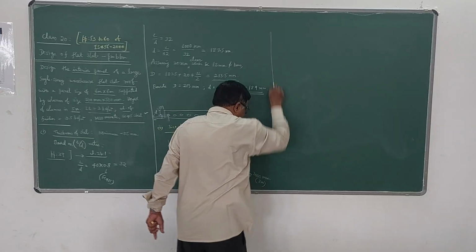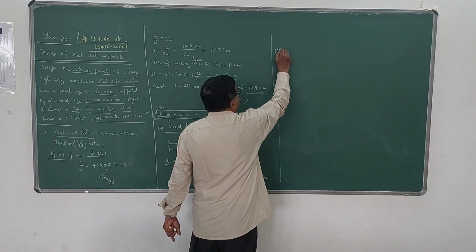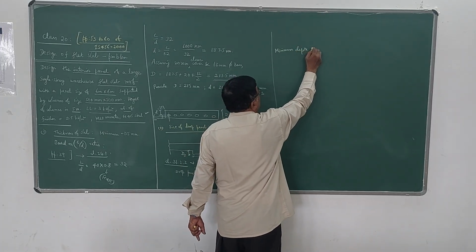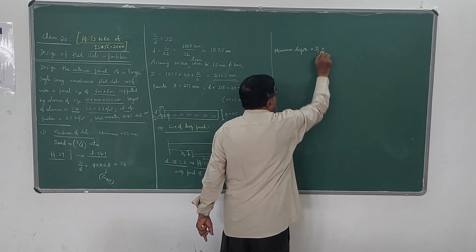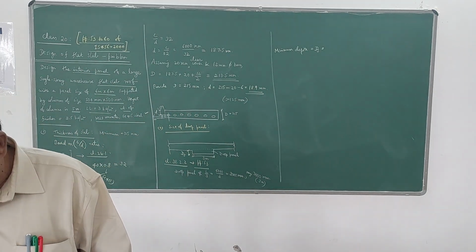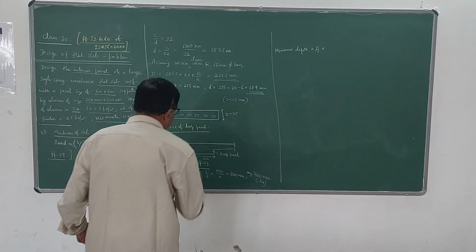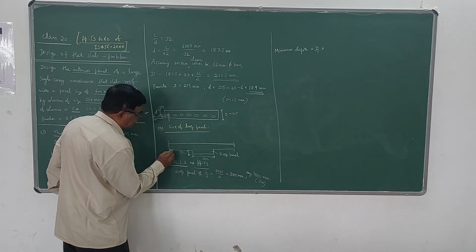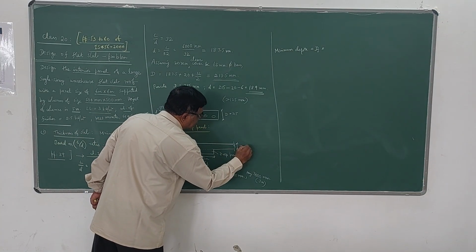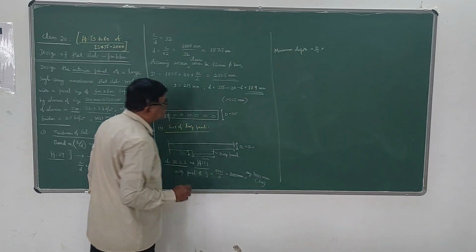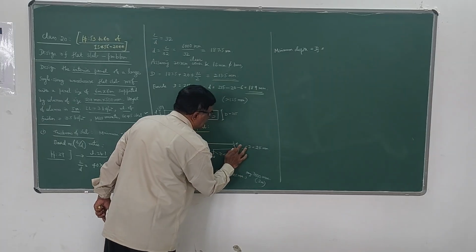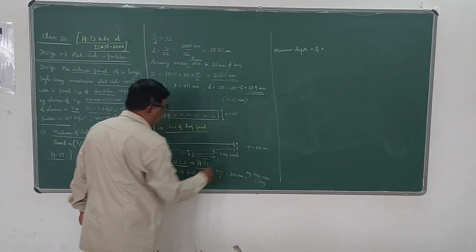So the minimum depth ds is equal to 1/4 of d. This overall depth of slab is d, in our case d is 215 mm.